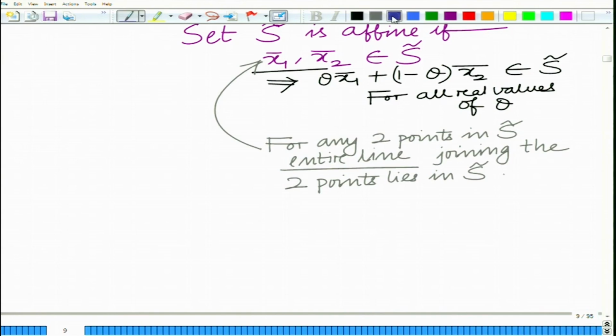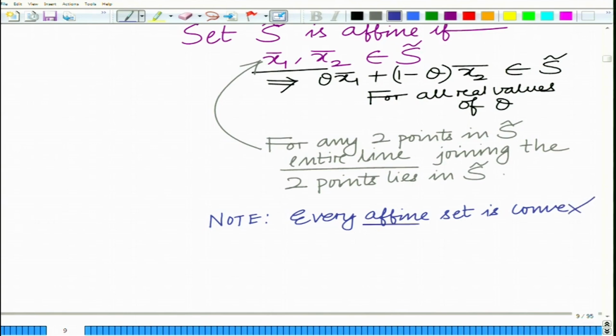And note that the affine set is convex, and this is an interesting property. Every affine set is convex, correct. The reason is very simple, because if it contains the entire line joining the 2 points, naturally it contains the line segment, that is, for any x1 bar, x2 bar belonging to S tilde.